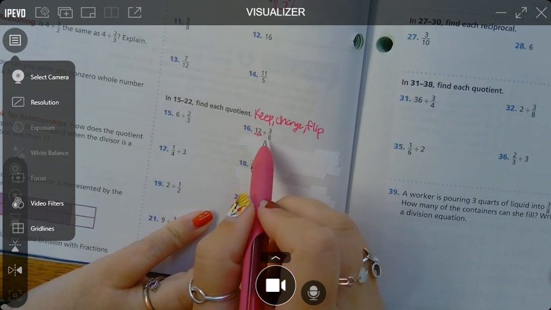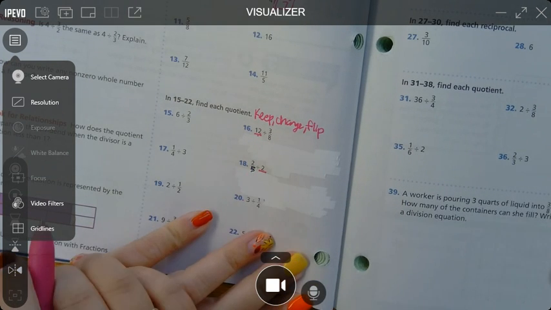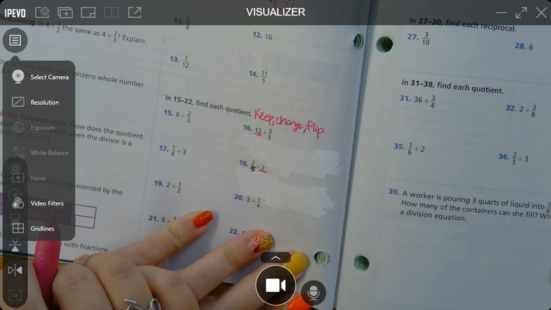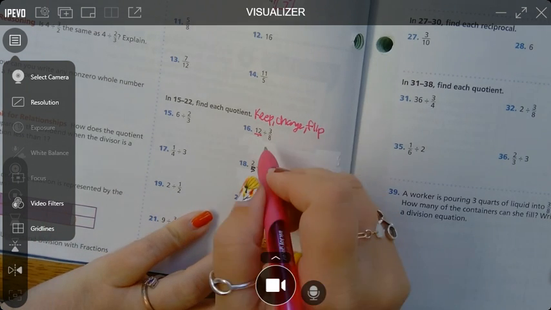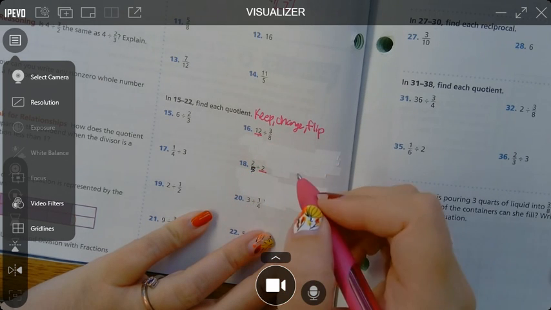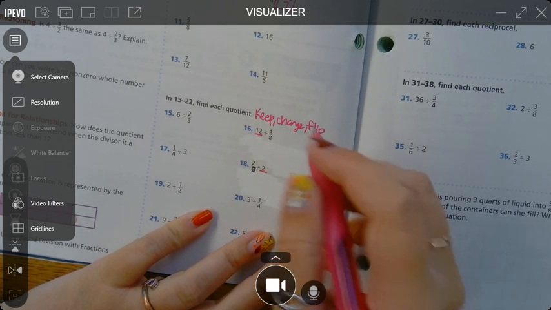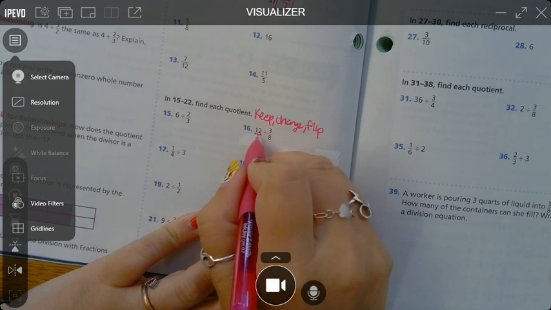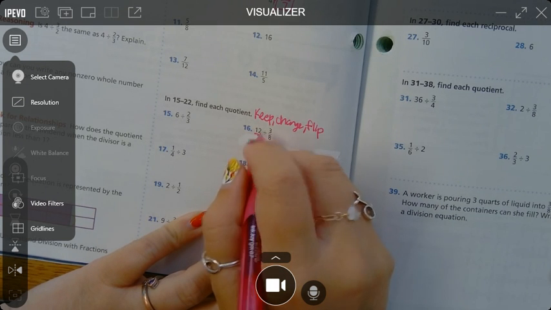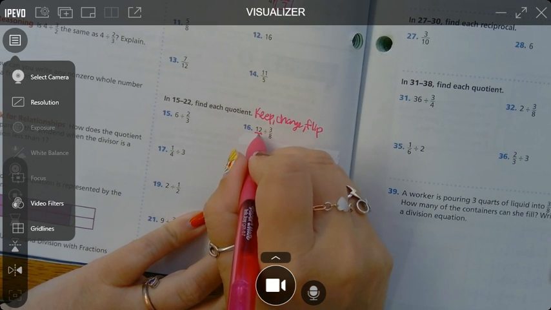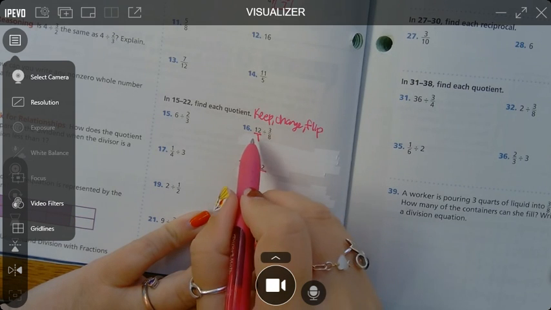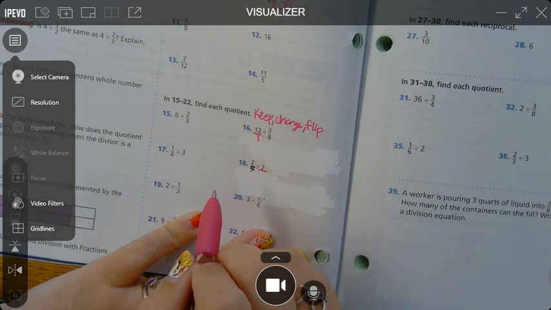Okay, so I have 12 divided by 3/8. Again, why don't you try it yourself first and then unpause the video and see if you can get it right. Okay, so you unpause the video, you're back with us now. And to make this whole number a fraction, I'm going to put it over 1. Okay, so now I have a singular fraction and a singular fraction.